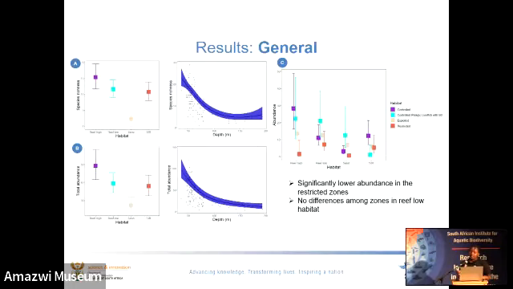We also saw that both species richness and abundance decreased with increasing depth. In this plot, the main pattern observed is that in the high profile reef, the restricted zone had significantly lower abundance than both controlled zones, but abundances were comparable between the restricted and the exploited sites.